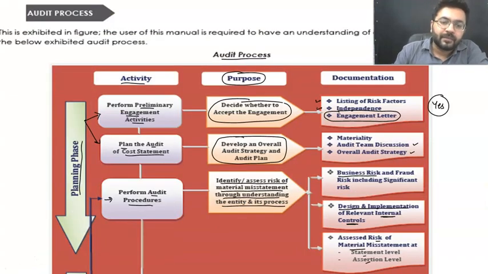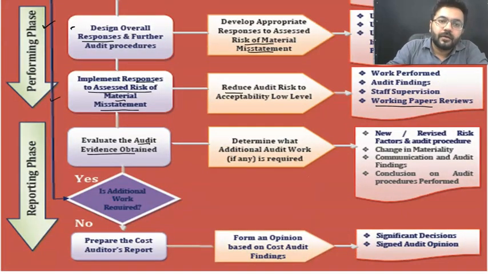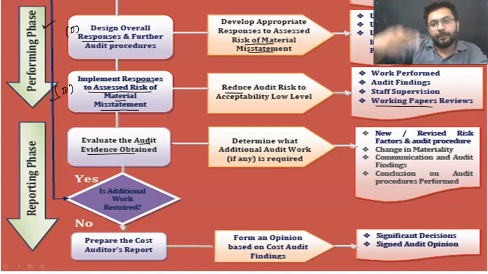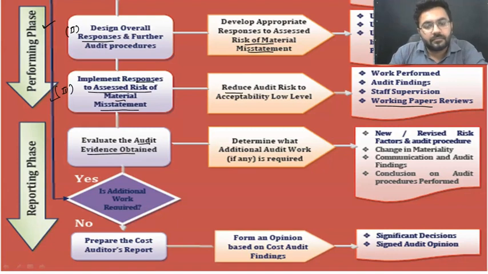This is particularly the phenomenon 1, 2, 3. So if additional work is required, you are going to apply 1, 2, 3 again. Got it? If that is not required, then great. Go ahead, right? Apart from that, at the end, you are going to prepare the cost auditor report.